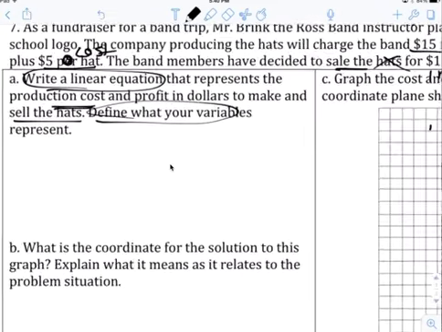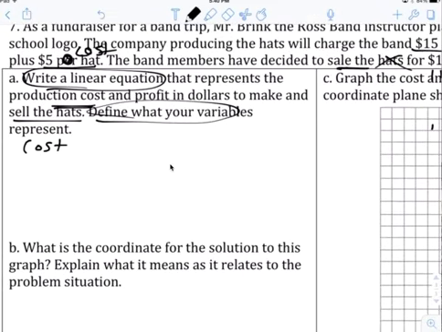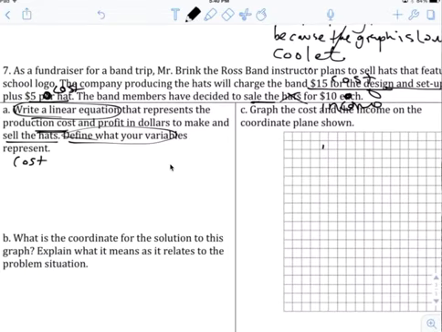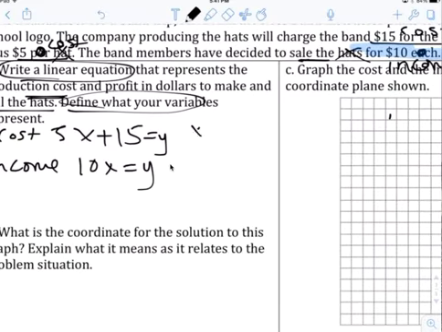Okay, so cost is 5 times x, the number of hats, plus the $15. That's y. Income is 10x. Okay, so x represents number of hats, and y represents the cost or income in dollars.